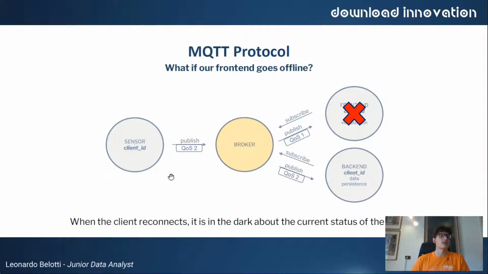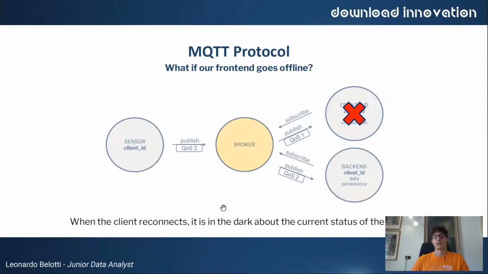Because let's suppose that a sensor is communicating once an hour, so it is sending messages periodically, one after the other, but with a very long interval of time. So if the front end goes offline and then reconnects, it would have to wait a lot of time before getting a new message. And that can be a problem for our dashboard, which instead wants to show the real-time information of the sensors.